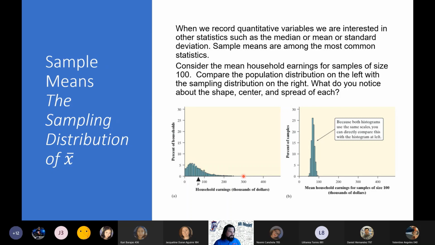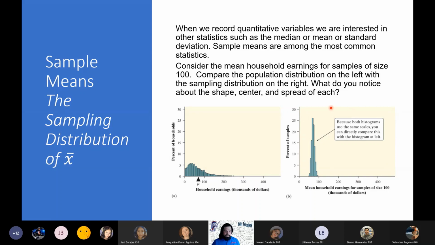Well, our household earnings of the population, the distribution over here on the left, is skewed to the right. It has a center maybe around 75 or 80,000. Doesn't get very high. We're pretty spread out.